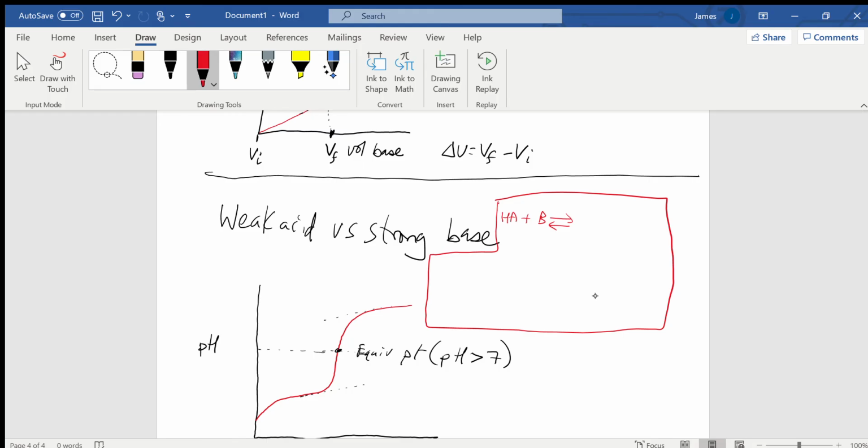But this is a two-way street. I'm not going to talk about equilibrium in this video either. I'm sorry, that would be another video. But I'm just going to say this is not a one-way street, and that's all I'll say. So we have B, H plus, and A minus. So again, here is our Brønsted-Lowry acid, our Brønsted-Lowry base, our conjugate acid, our conjugate base.